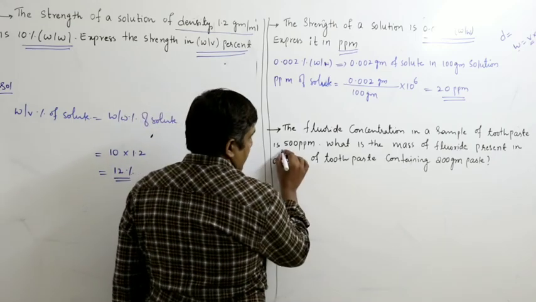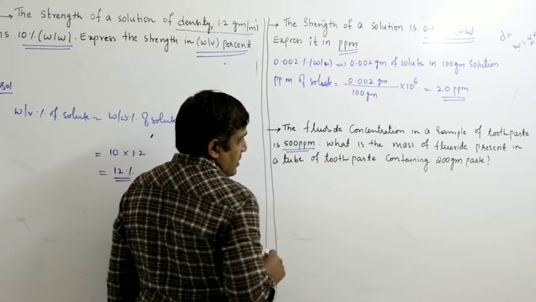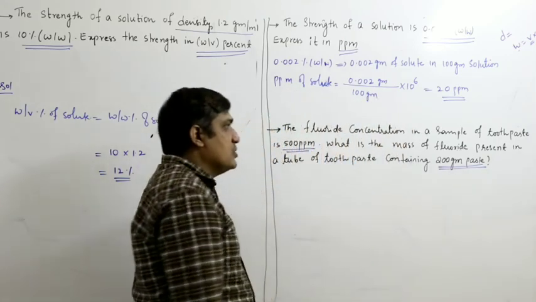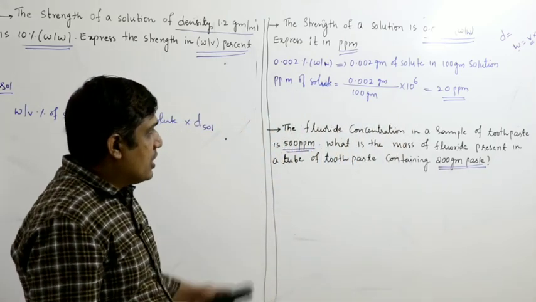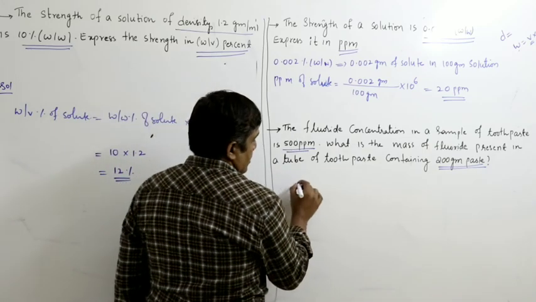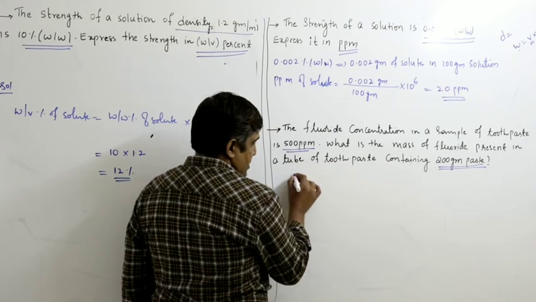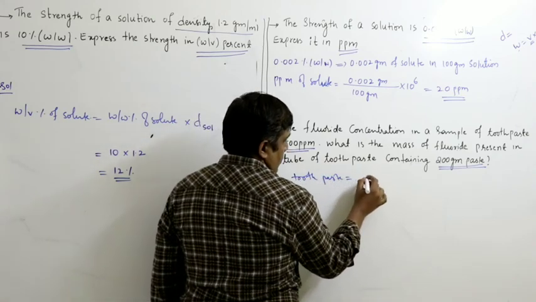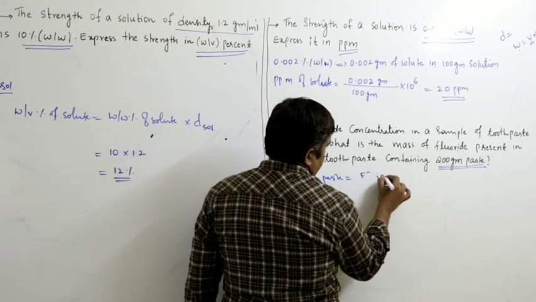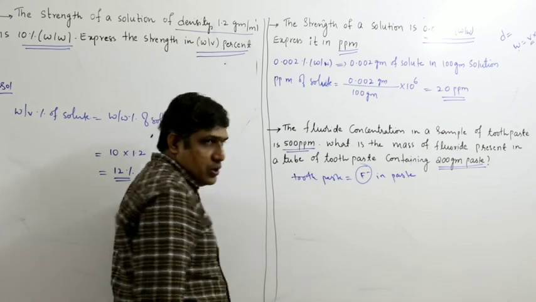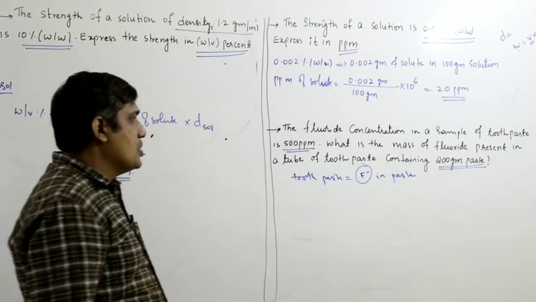So the ppm value is given, and the weight of the paste we should consider as the solution. You have to find the fluoride ion concentration. So here the toothpaste contains paste and fluoride ions in the paste. This fluoride ion is the solute.